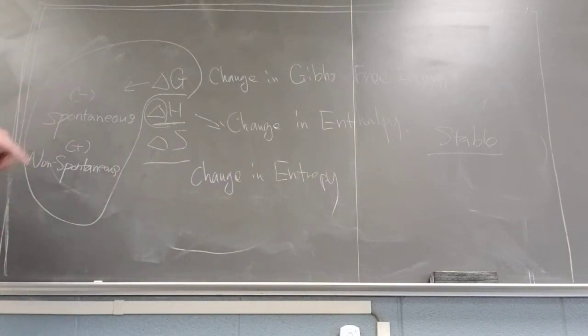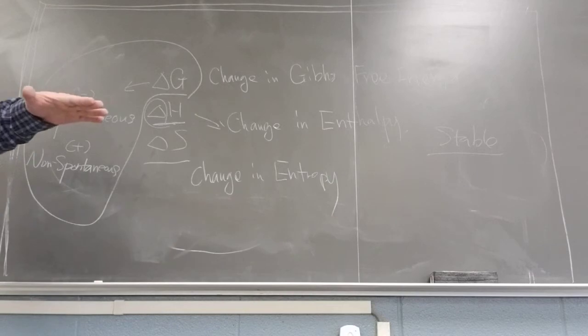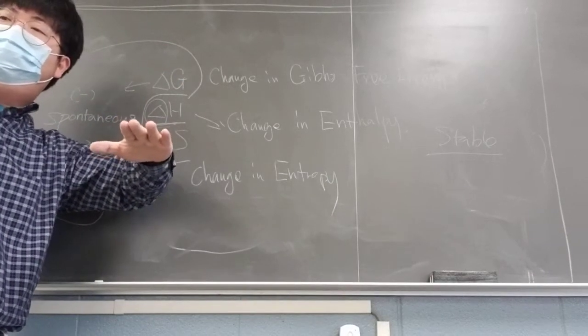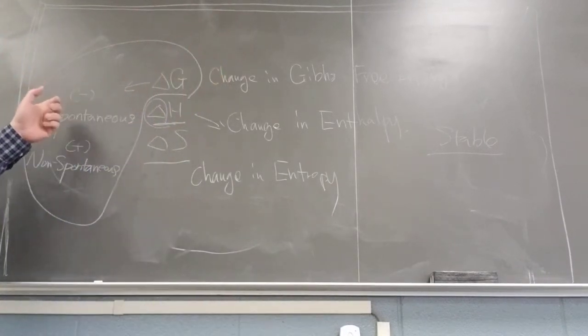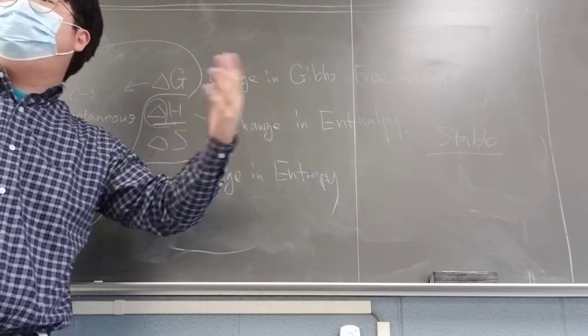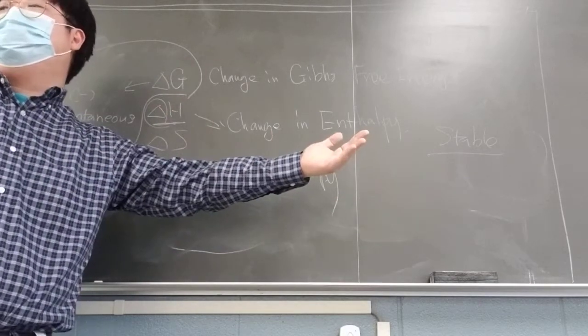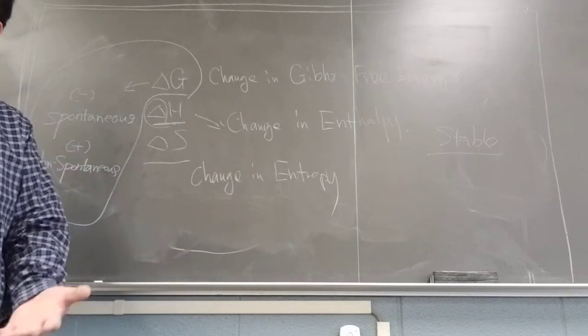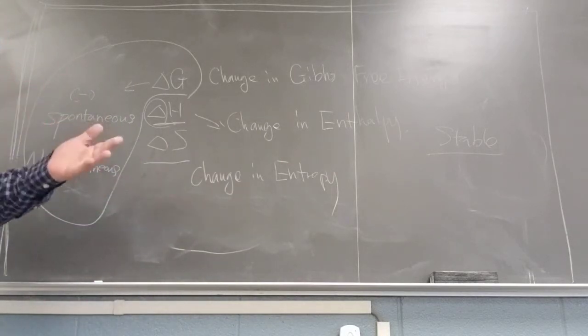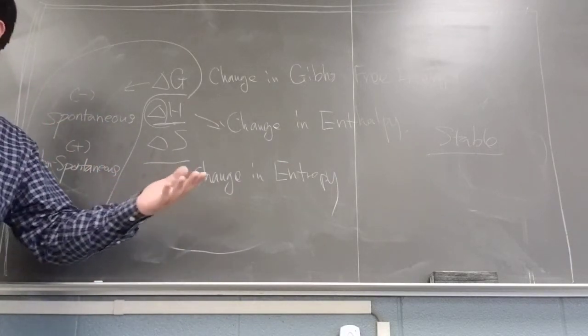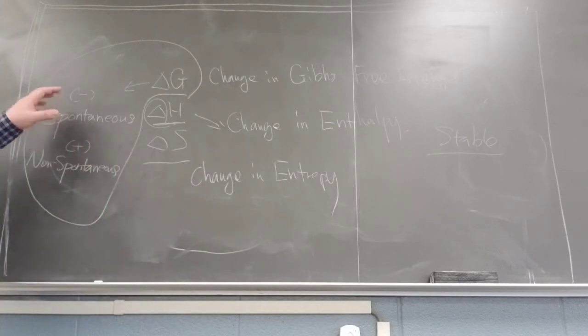So if that is negative, it means your product will be in a much lower energy status after the reaction. This is why they want to do it voluntarily. This becomes spontaneous, because everything wants to be in the low energy status, and that reaction makes that happen. The molecule says, let me go for it because I want to be more stabilized. So when it's negative, that means it's spontaneous.